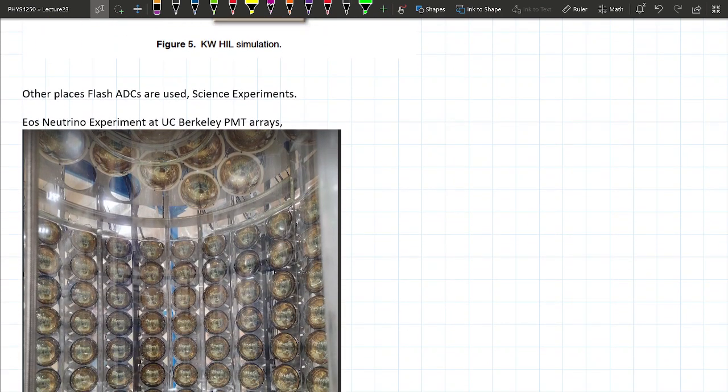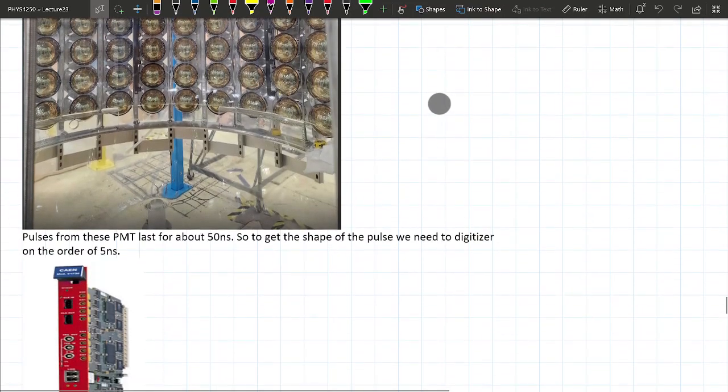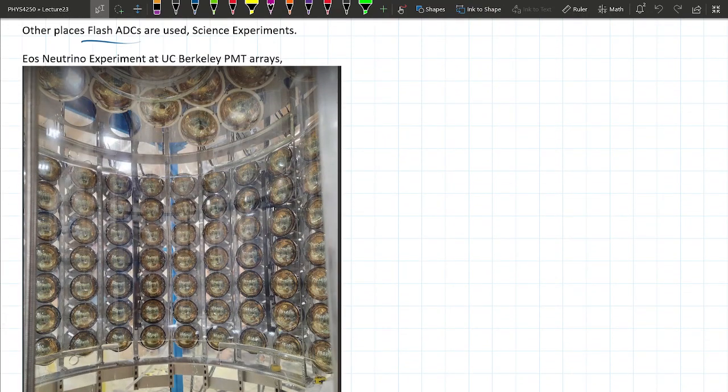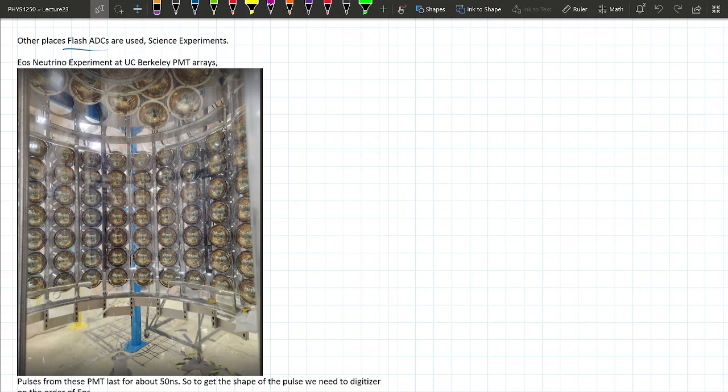Other places where you would find flash ADCs, these fast ADCs, are, for example, in a neutrino experiment, where you have light sensors. Let me zoom out a little bit. We have a recent picture of this. This is actually a detector that's being built in UC Berkeley right now.